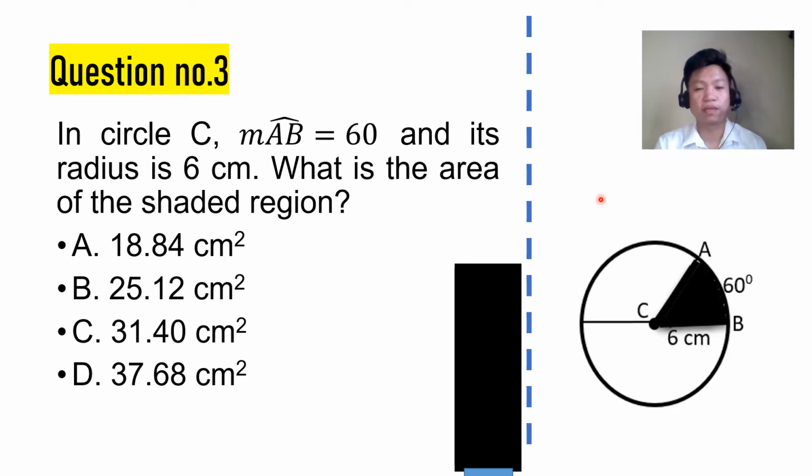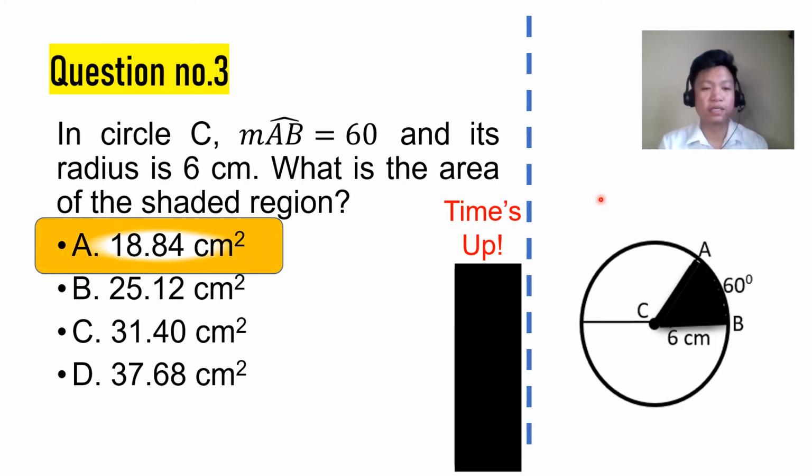Okay, time's up. Tingnan natin. The correct answer is, yes, letter A, 18.84 square centimeters. So, paano siya nakuha? We just use the formula for finding the area of a sector. Tandaan niyo that is pi r squared c all over 360 degrees. Substitute nyo lang yung mga values natin.